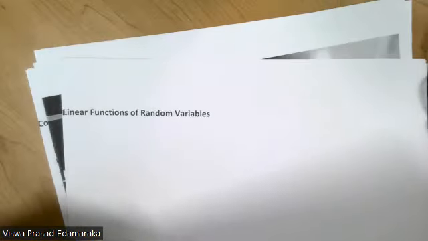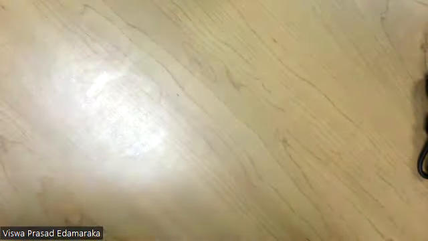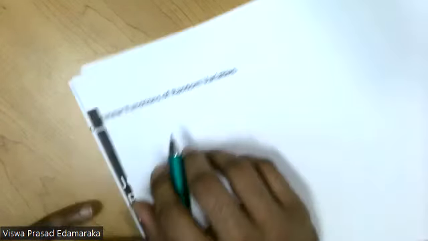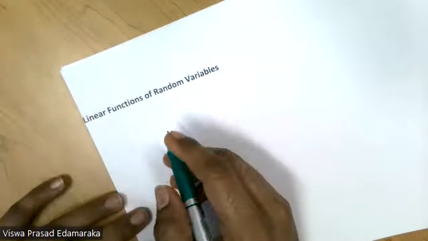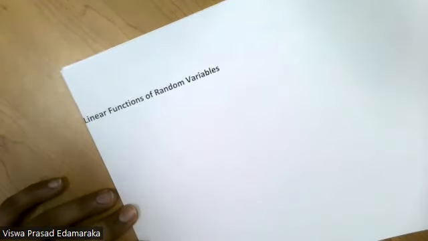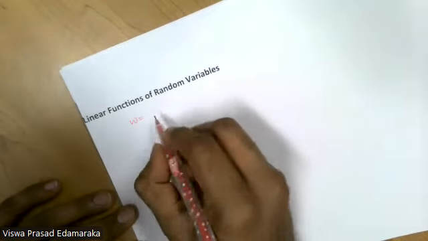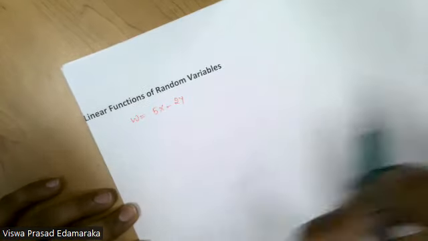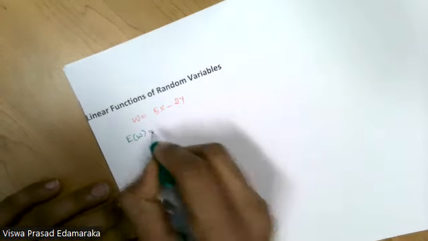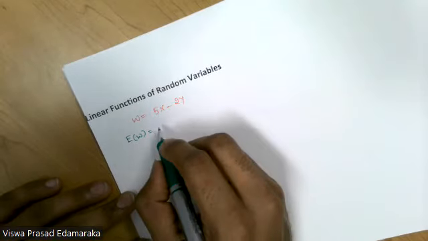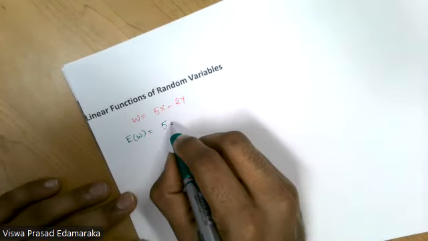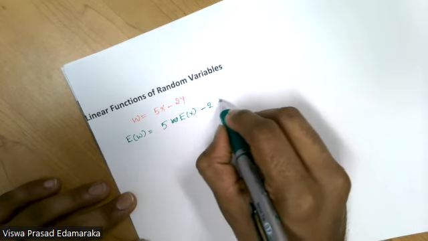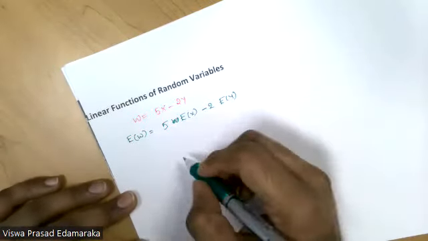Another very important concept is linear functions of random variables. You might see many problems regarding this concept, but it is quite easy. For example, the function is given as w equals 5x minus 2y. The expectation of w: the constants come out, so it is 5 times expectation of x minus 2 times expectation of y. They will give E of x and E of y.